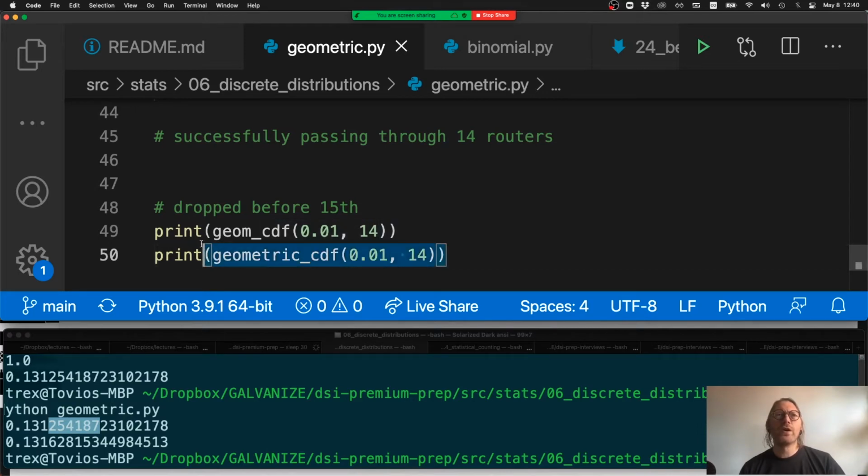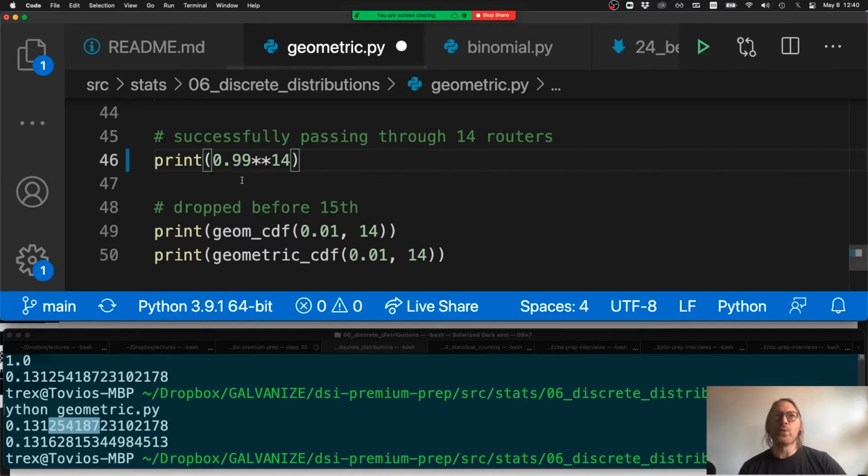Okay, so drop before the 15th. Successfully passing through 14 routers. The reason why I tricked myself in this, I wrote all of this. This is just 0.99 to the 14th power, right? This is not a question we want to answer with the geometric PMF, even though we could.